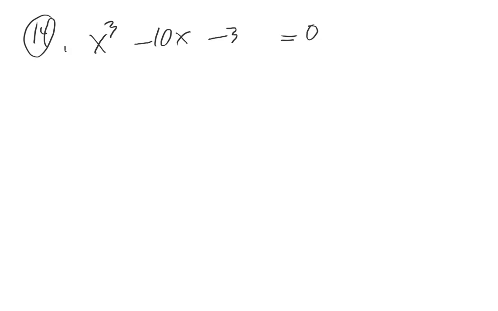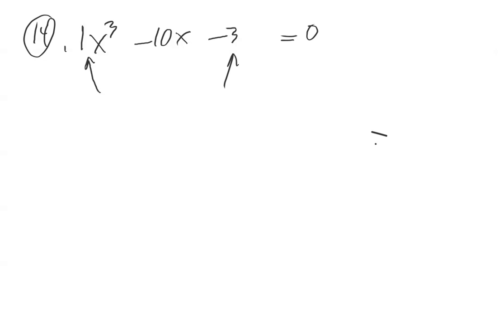Looking at Descartes' rule of, actually let's look at the rational zero theorem. So we basically have to think of an answer somehow, but remember, the only possible answers are factors of this constant divided by factors of this constant, which is 1.